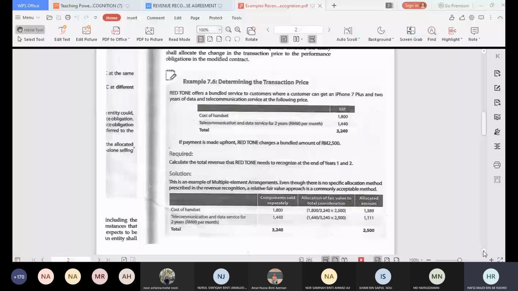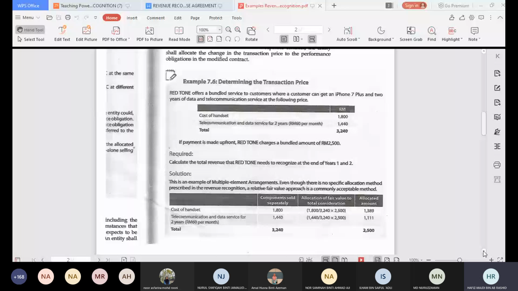2,500. So in this kind of question, of course, you need to allocate the price into the two separate obligations. The first obligation is delivery or transfer of the equipment.